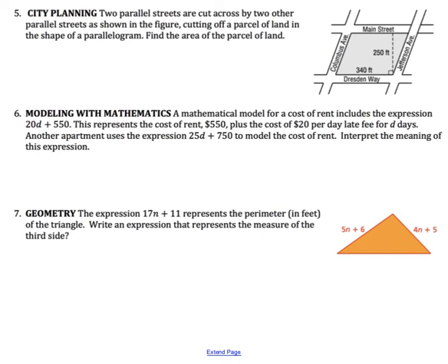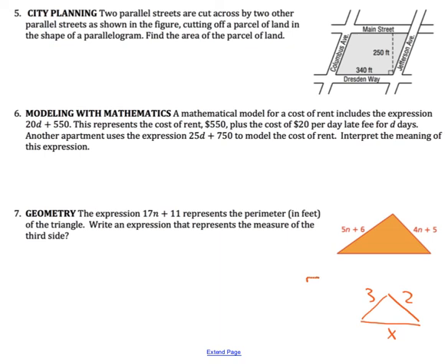Number 7, the expression 17n plus 11 represents the perimeter of the triangle. Write an expression that represents the measure of the third side. Okay, let me give you a hint on this.